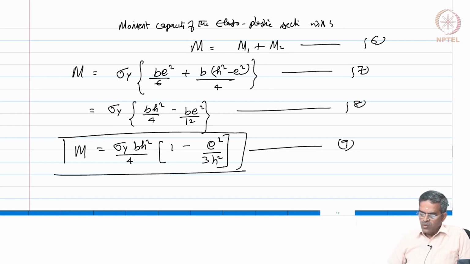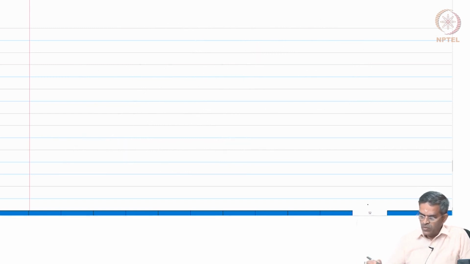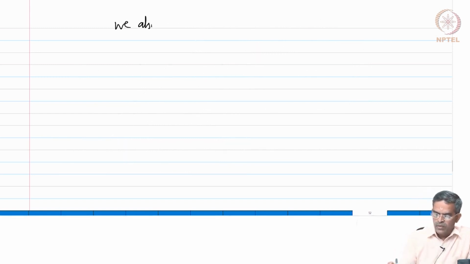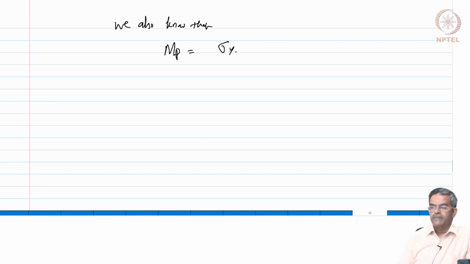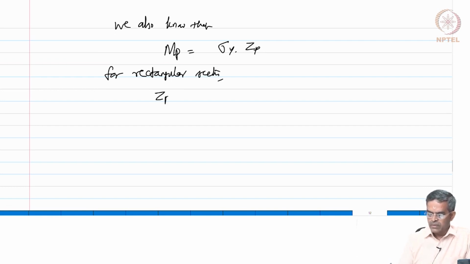Okay. We also know that MP is sigma y into ZP for rectangular section. ZP is B H square by 4. We already said that. Okay.